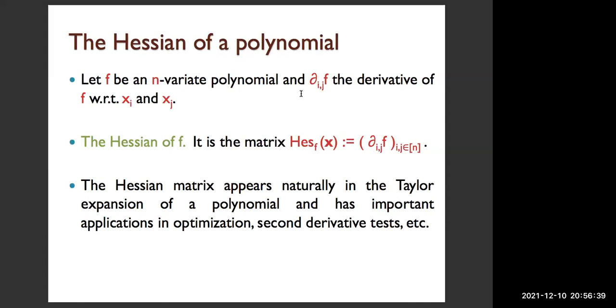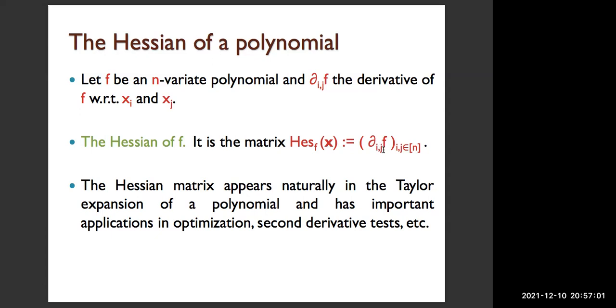I'm going to denote by this notation the derivative of F with respect to the ith variable and the jth variable. And the Hessian matrix is a square matrix, an n by n matrix whose ijth entry is the derivative of F with respect to the ith variable and the jth variable.